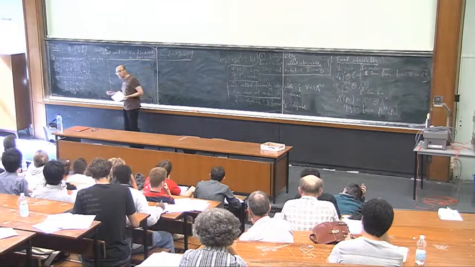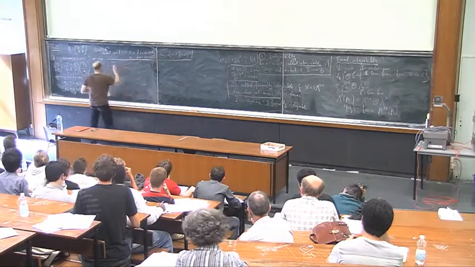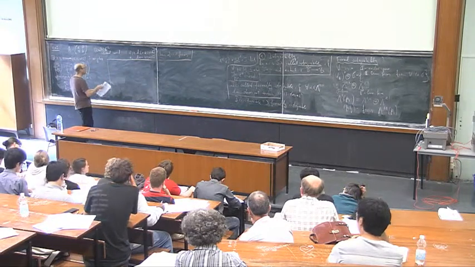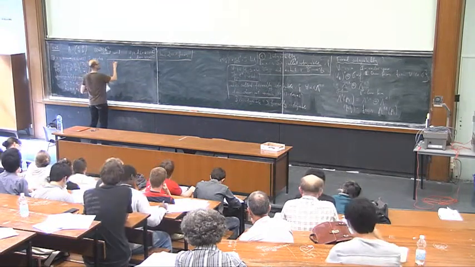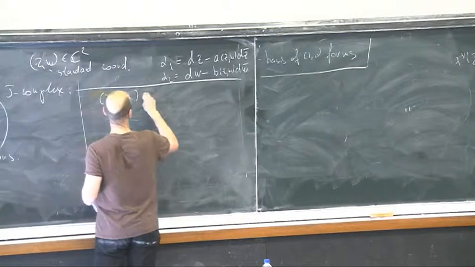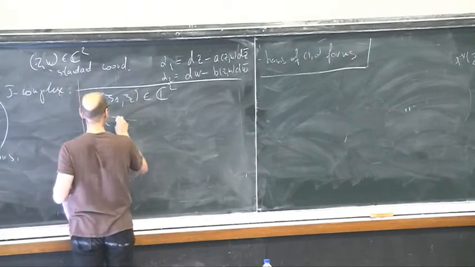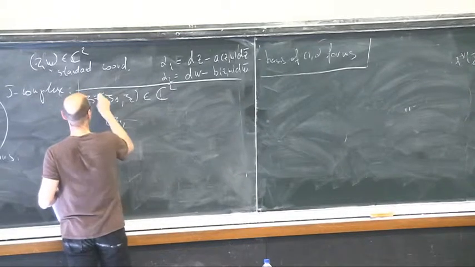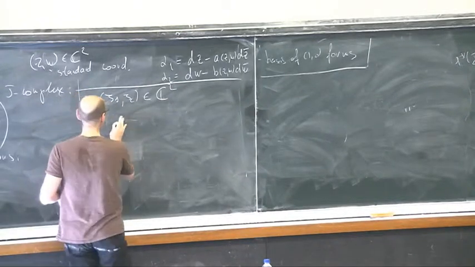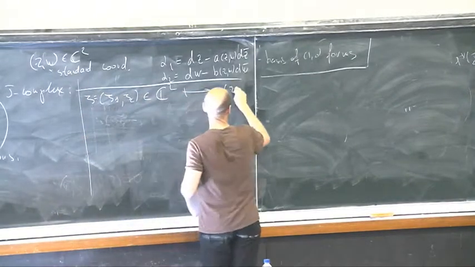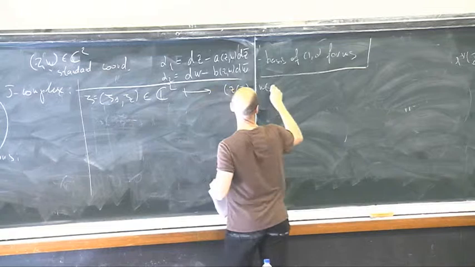So what does it mean that this map is holomorphic? Now I use the following notation. Let ζ1, ζ2 be coordinates in C^2, and suppose that we have a map which takes ζ to z(ζ), w(ζ).